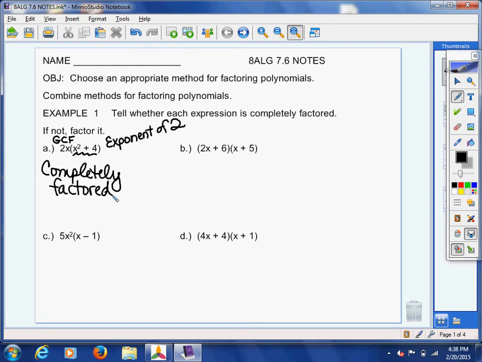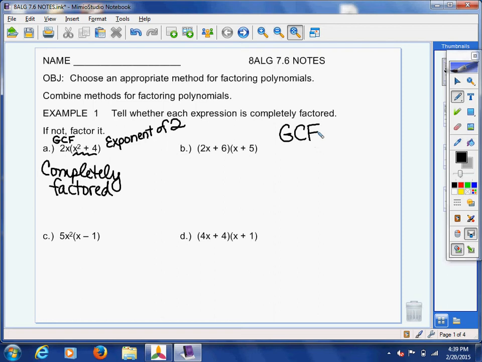Okay? Let's look at letter B. Well, it looks like they factored a trinomial and got these 2 binomials. Now, I don't see any squared exponents, so I don't think it's a perfect square trinomial. I don't see any trinomials there. I don't see the difference of 2 squares. What I am going to do is check my quantities and make sure that all GCFs have been pulled.